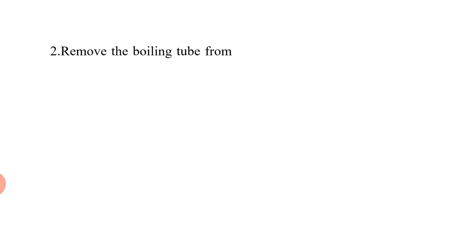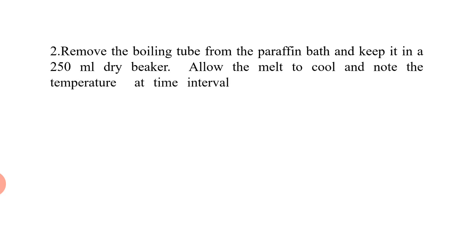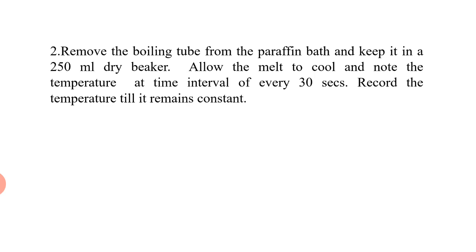Remove the boiling tube from the paraffin bath and keep it in a 250 ml dry beaker. Allow the melt to cool and note the temperature at a time interval of every 30 seconds. Record the temperature till it remains constant.